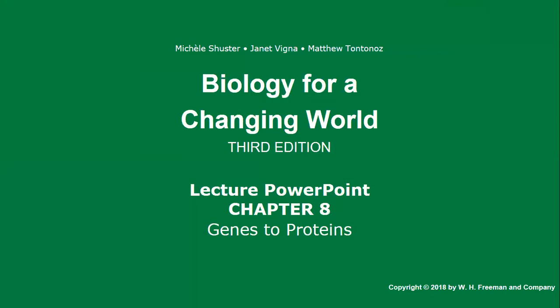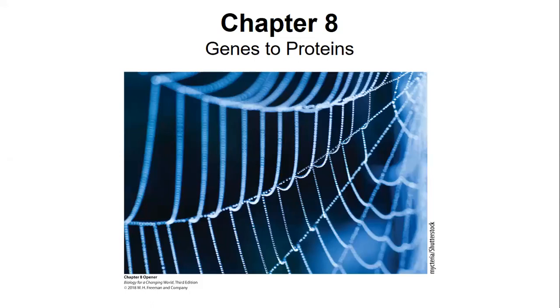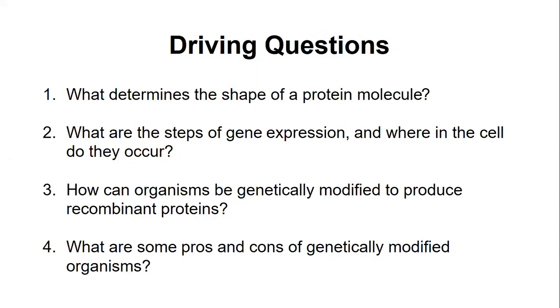Chapter 8, genes to proteins. I'm going to skip this slide; we'll deal with it in a little bit. So let's just talk about the questions, and then let's get into the basics. As we proceed through this chapter, we need to ask ourselves a few questions. These are some of the main ones we want to keep in our minds. What determines the shape of a protein?